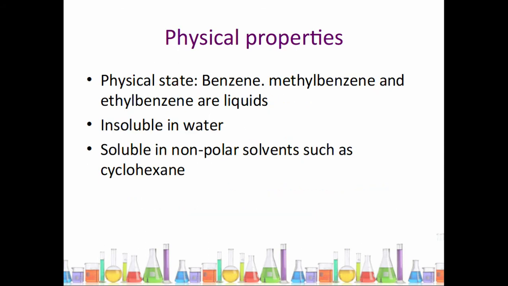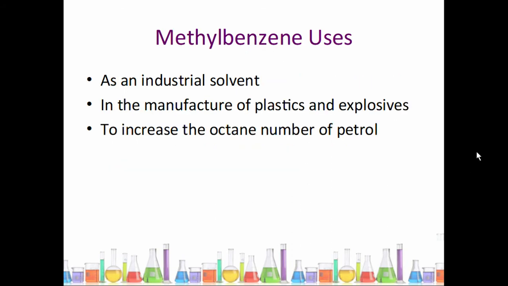So the physical properties then of benzene, methylbenzene and ethylbenzene, they are liquids, they're insoluble in water. They're non-polar, so they're insoluble in polar water, but they are soluble in non-polar solvents like cyclohexane. The uses of methylbenzene, as we know, methylbenzene is used in favor of benzene because benzene is toxic and carcinogenic.